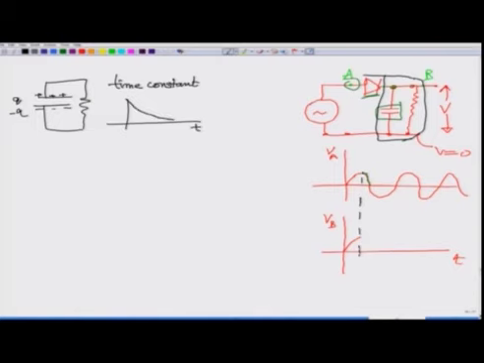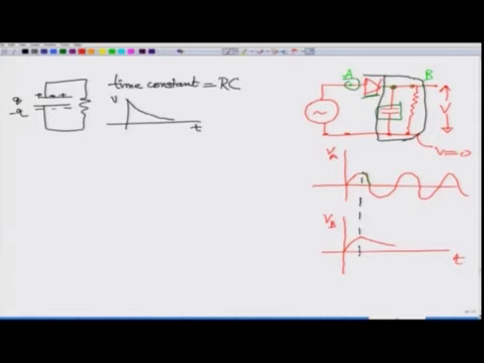This is time and this is, let us say, voltage across the capacitor, and the time constant is given by R times C. So, the voltage decreases like this. So, here also the voltage will now decrease exponentially.